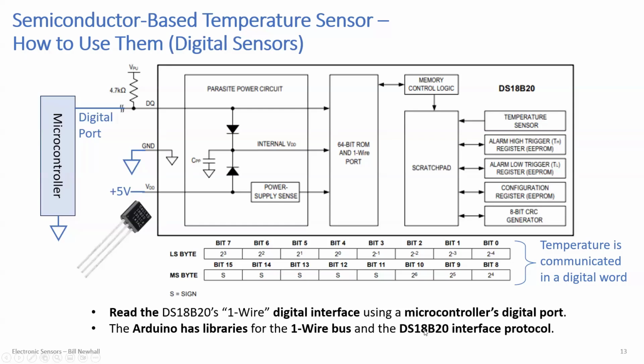If you had it near a fluorescent light or a pulse width modulated LED or something like that, you might get inaccurate measurements of voltage because of the interference. In this case, where you have a digital interface, if you had a very long wire to the sensor, as long as those bits make it back with good integrity to the serial port of the microcontroller, the values aren't going to be wrong. So I would say you have a better chance of getting a more accurate measurement with this digital interface.